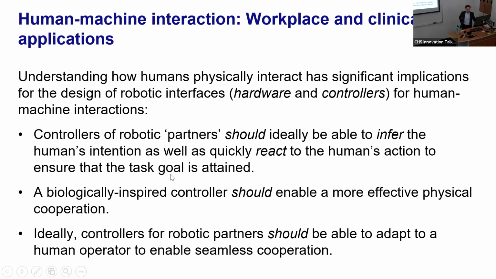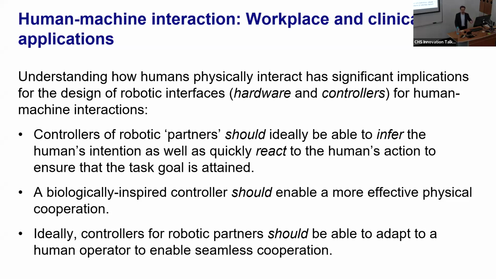These are just some examples. Imagine the task I showed you, but now instead of having another human partner, you have a robot. And, without imagining the sci-fi stories of a robot ripping your arm, which could have happened a few decades ago, given the technology of that time, now the problem is you need to have a controller for a robot that ideally should be able to predict what you're going to do next, either using EMG or subtle haptic cues, whatever the controller can use.